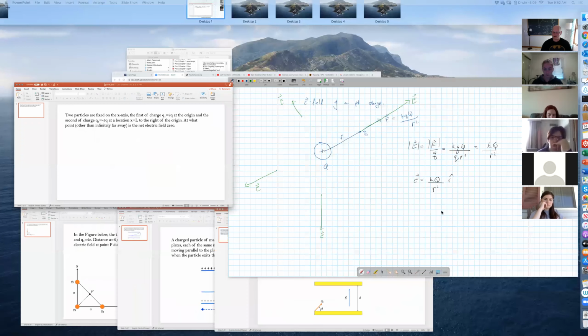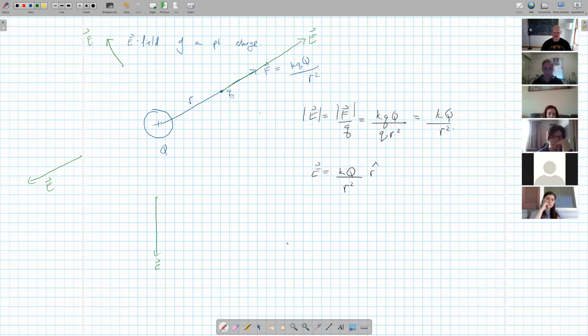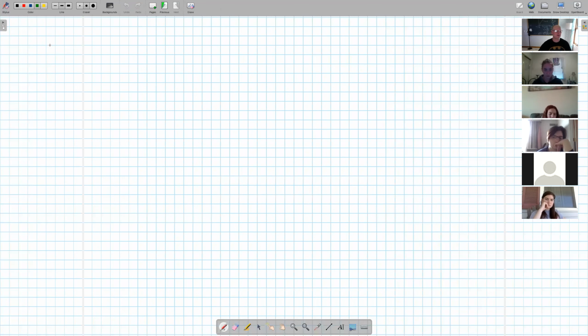Now, one other thing to talk about electric fields is since the force satisfies the superposition principle, then the electric field does as well. Since the electric field is defined from force, so what this means then is what? If I had a bunch of point charges sitting around in my space, so let's say I have a point charge here, so let's call that Q1, another point charge here, Q2, another charge here, Q3, and I wanted to know at this point here, let's call that point P, what is the value of the electric field at point P?